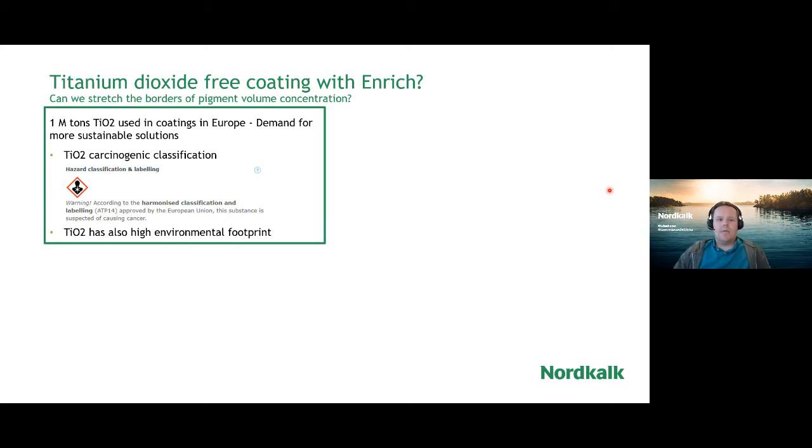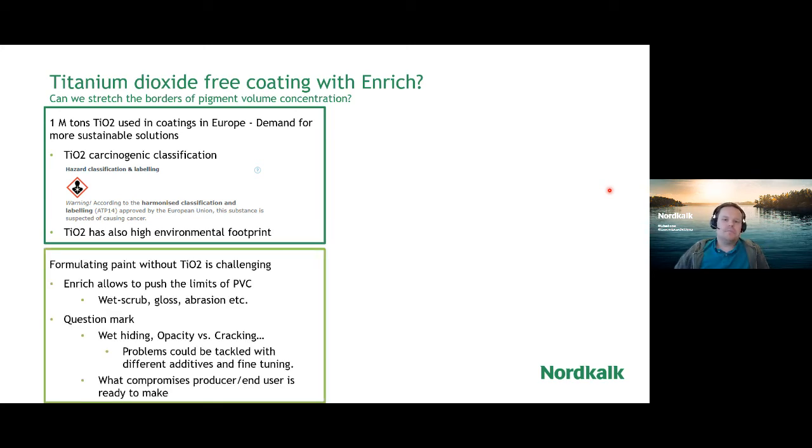And titanium dioxide also has a really high environmental footprint. The production of titanium dioxide is really energy consuming, meaning that it has a high footprint, and as the volumes are big, it has a huge impact.